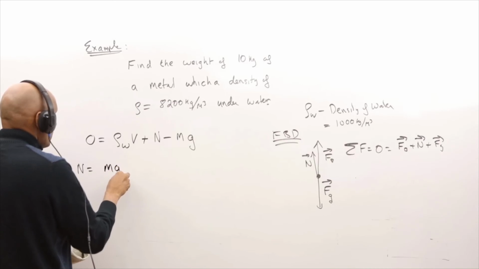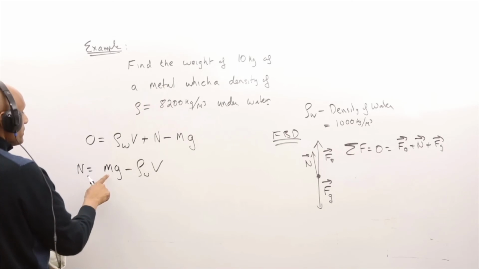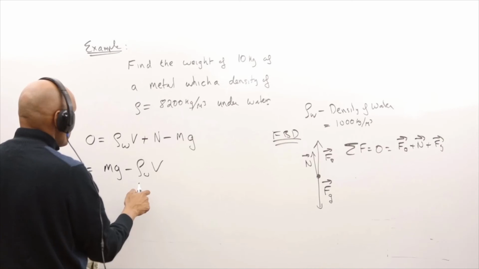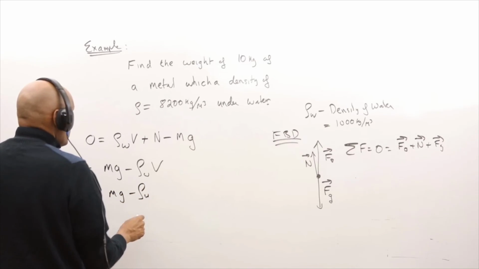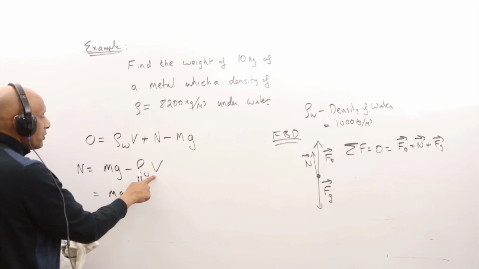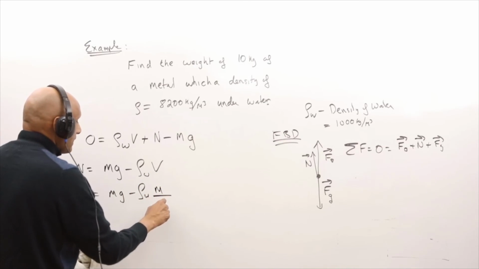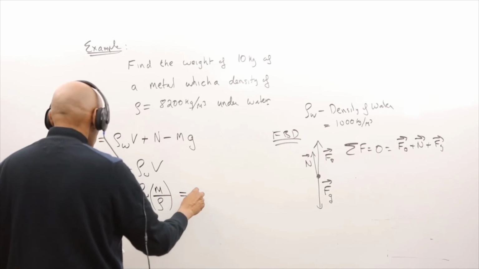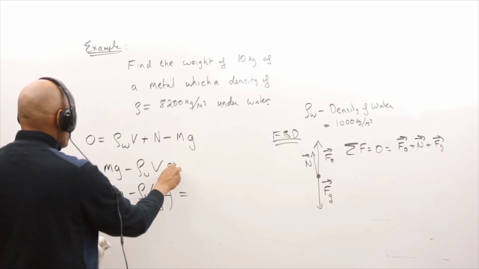We're told the mass of the object, so I know this, I know g, and I know what the density is, but I don't know what the volume of the object is. But we can calculate this: the density of an object is mass over volume, so mass divided by the density of the object gives me the volume. So I can rewrite this in terms of saying that this is really, oh, I forgot the g here, sorry.